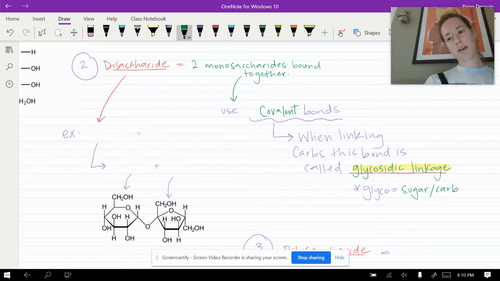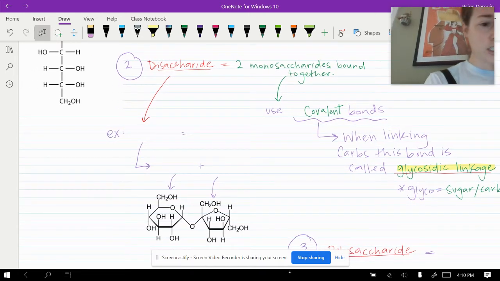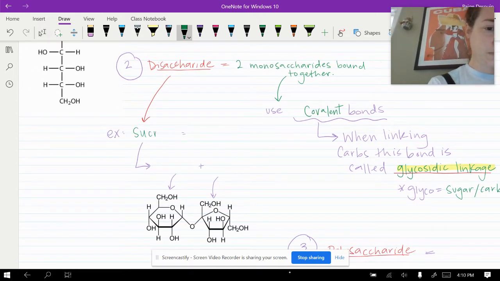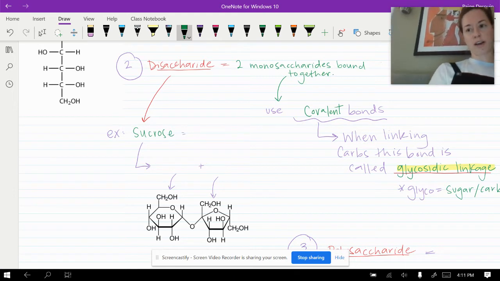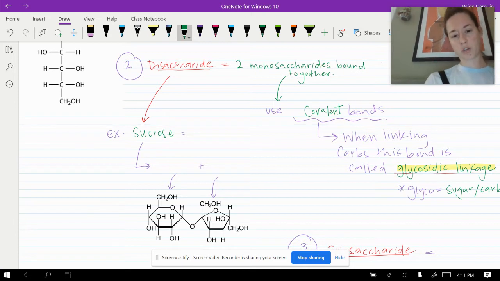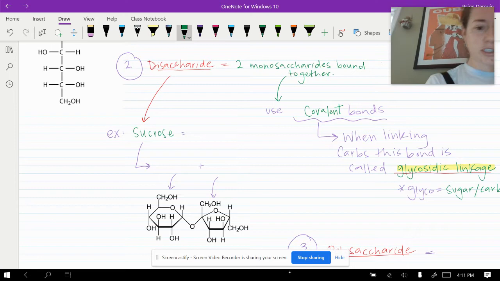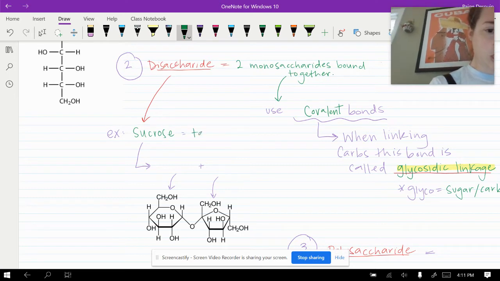If we're going to talk about an example of a disaccharide, one is sucrose, which is actually the sugar you would use to bake a cake. It's the one you buy at the store. So I'll just say that this is table sugar.